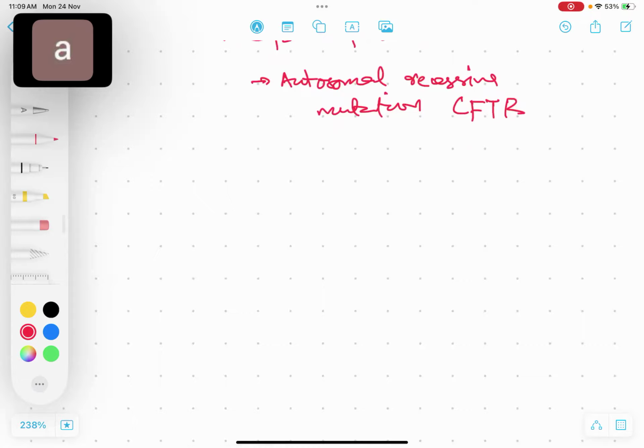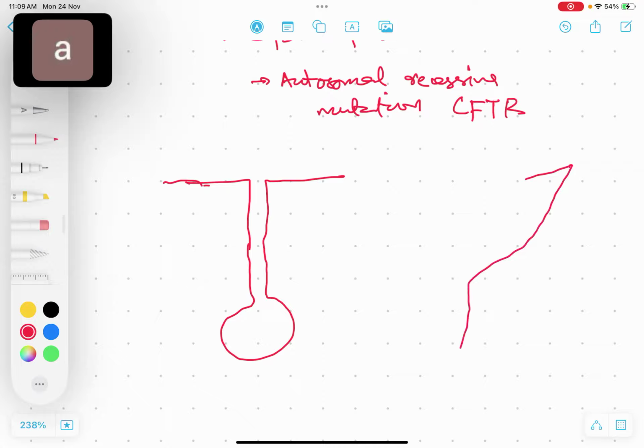For example, this is our sweat gland, and over here we have our pancreatic gland.